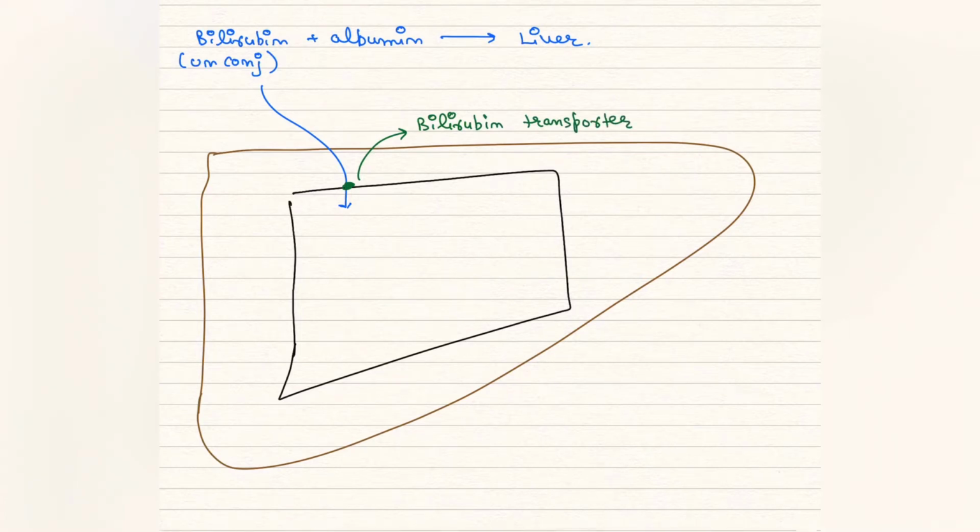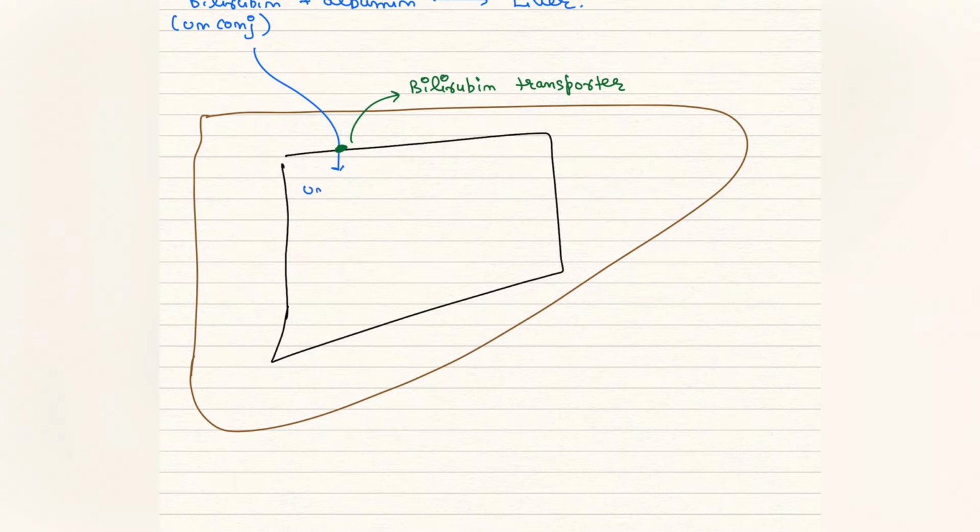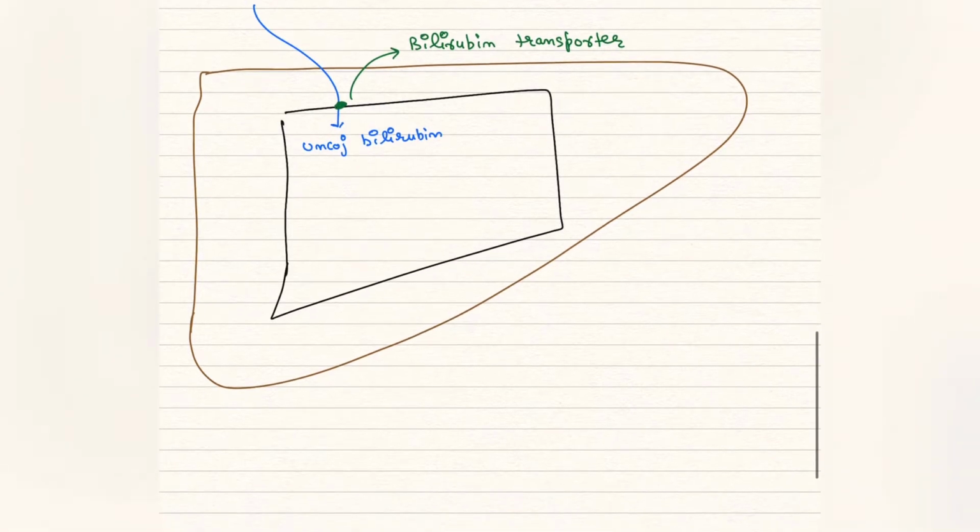Now on this unconjugated bilirubin, UDP glucuronosyltransferase will act, in short known as UGT, and form the conjugated bilirubin.